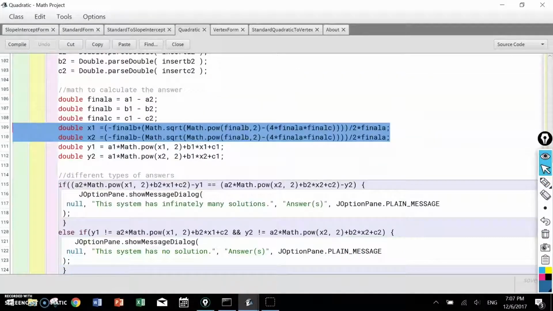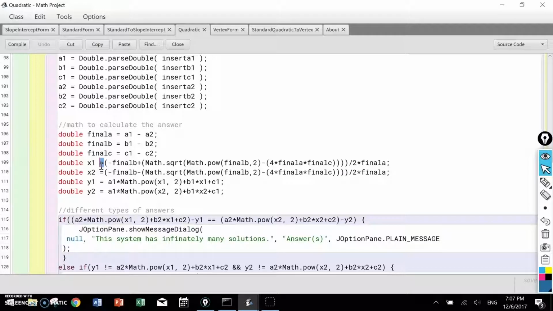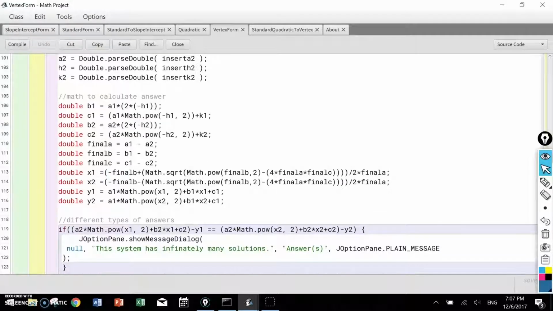Then we have quadratic. So here we're just using the quadratic formula. Pretty simple. Just plug in the values, you get 2 x's, and then plug them back into your equation to get the 2 y's.